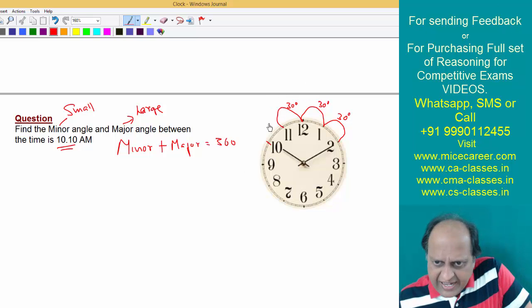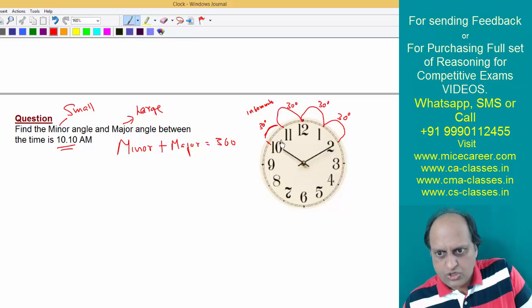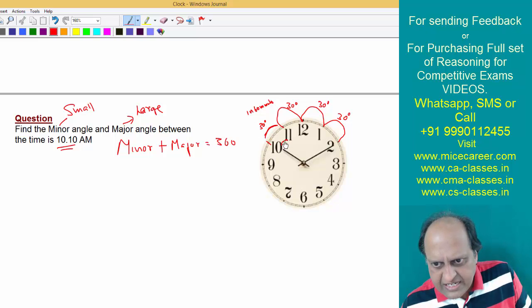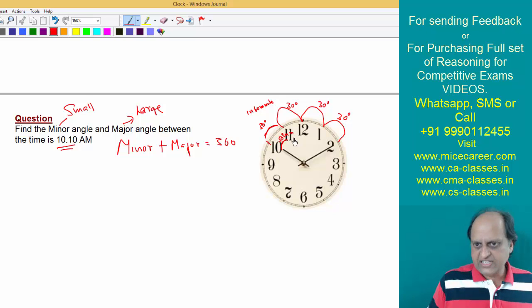So the hour hand travels this 30 degrees in 60 minutes. Right, and it has traveled how much? 10 minutes. So the remaining 50 minutes worth of degrees are left. Are you understanding?